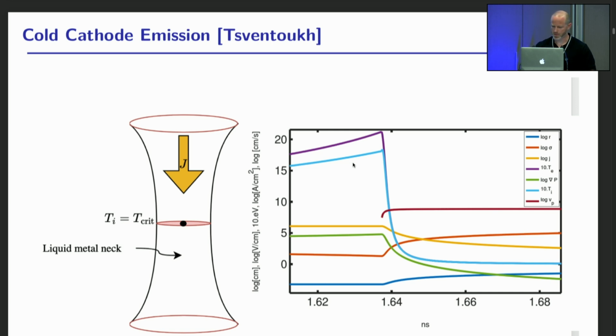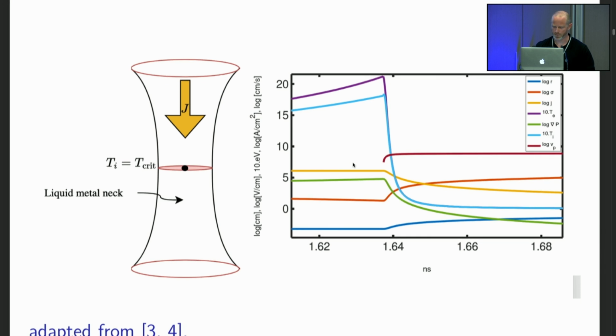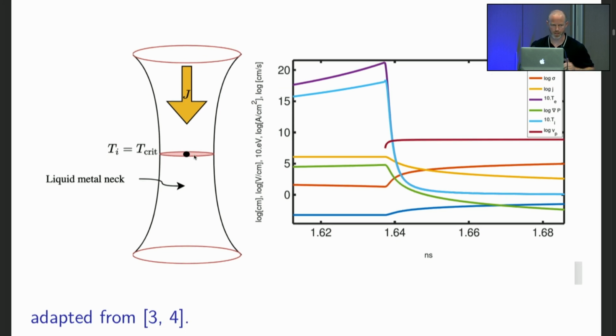So this is just a reproduction of what Svetuk did. We don't need to go to any kind of kinetic code. We can just have a look at the temporal evolution, noting the electron-electron, ion-electron, and ion-ion collision rates.